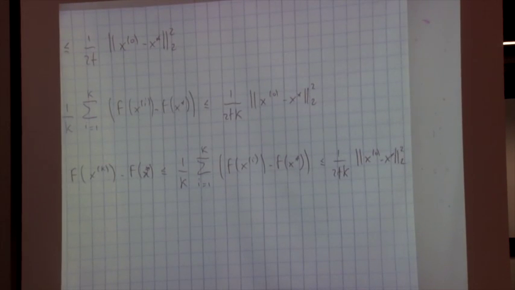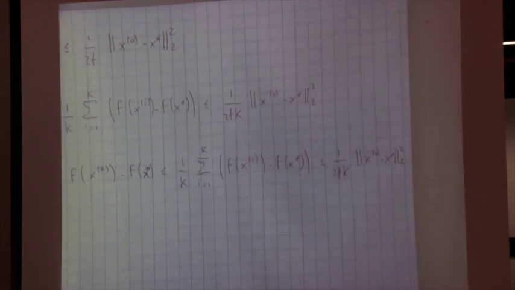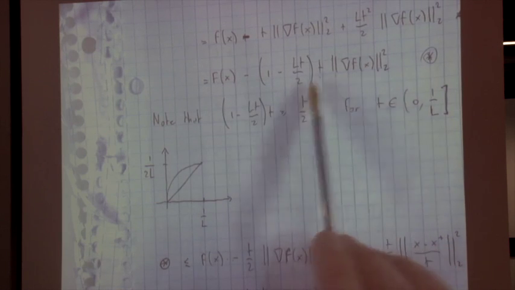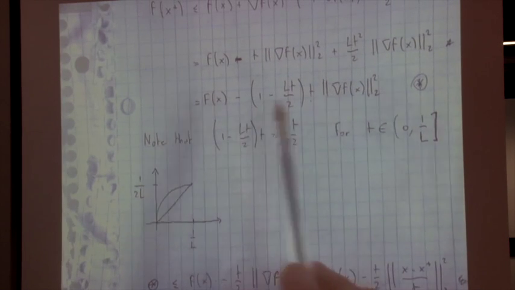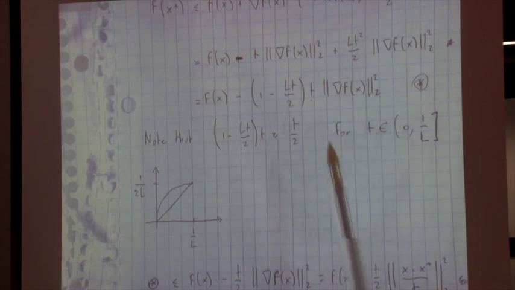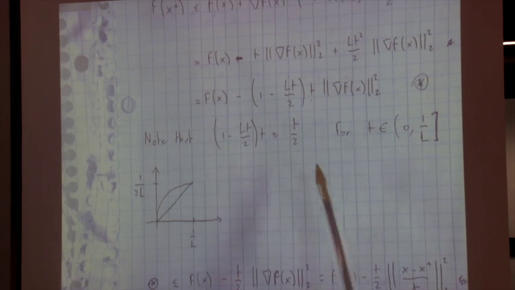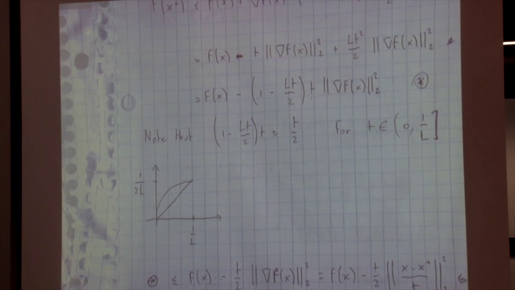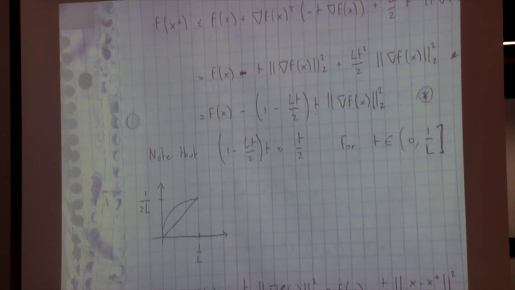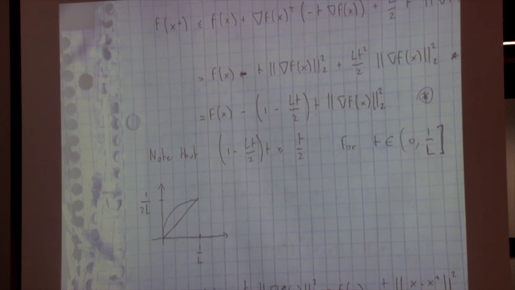Okay. So one thing that I'd like to point out, though, is that if we go back here, when we bounded this term, we claimed that 1 minus Lt divided by 2 times t is larger than t over 2. We got this bound, and notice that this bound is exactly the backtracking line search bound when alpha is equal to 1/2.